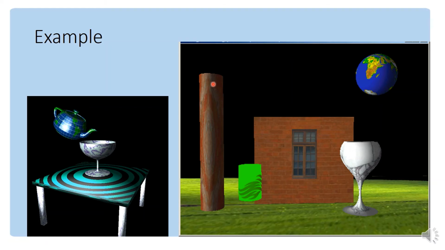Then this green cylinder with the logo on it is a texture, and this glass also has a texture applied, together with this globe.